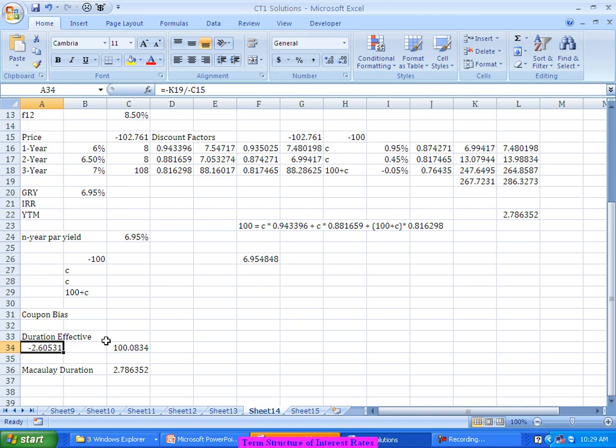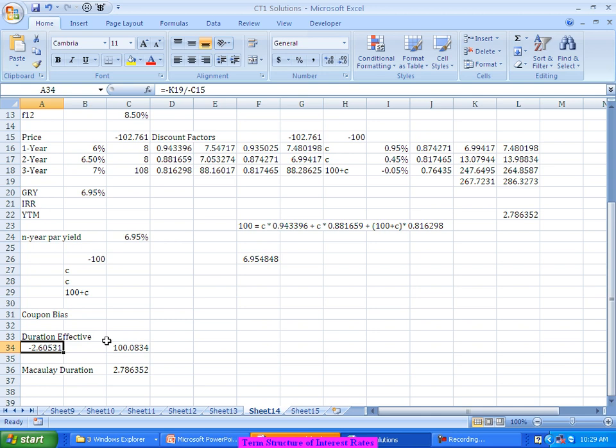What this says is, for a particular bond with these characteristics, if I take an equivalent zero coupon bond, or the average maturity duration for this kind of a bond, it is 2.78.